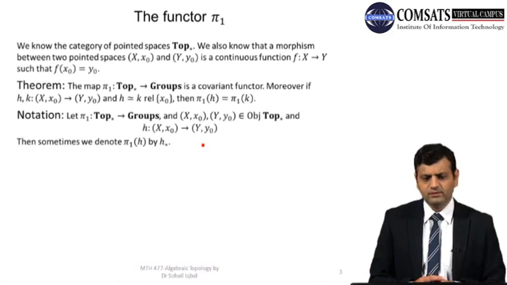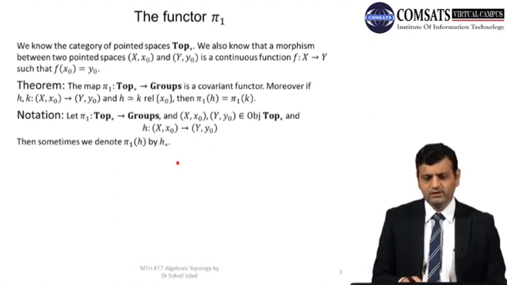So we know the category of pointed spaces. The category of pointed spaces has objects which are topological spaces together with a point which is mentioned with the topological space. So these are the objects of this category. And what are the morphisms?